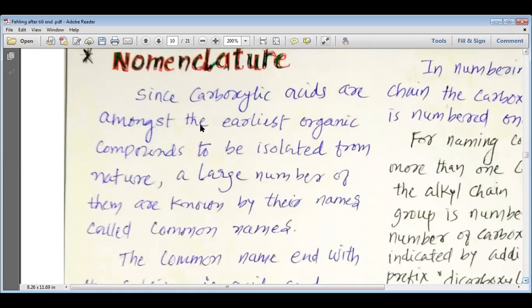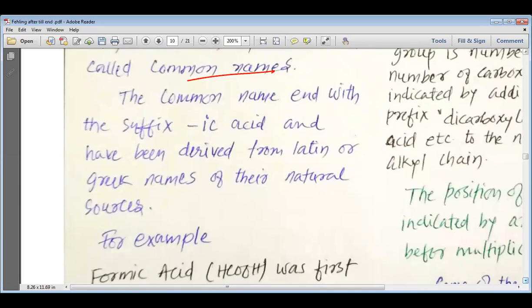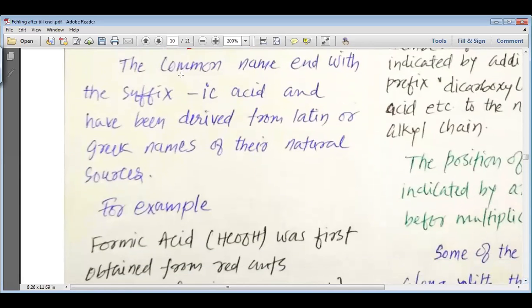Now, my dear students, we want to study the nomenclature of the carboxylic acid. Since carboxylic acids are amongst the earliest organic compounds to be isolated from nature, a large number of them are known by their common names. Please remember, my dear students, that carboxylic acids are known for a longer time, and that is why they have got many names in different regions, and they are well known for their common names.